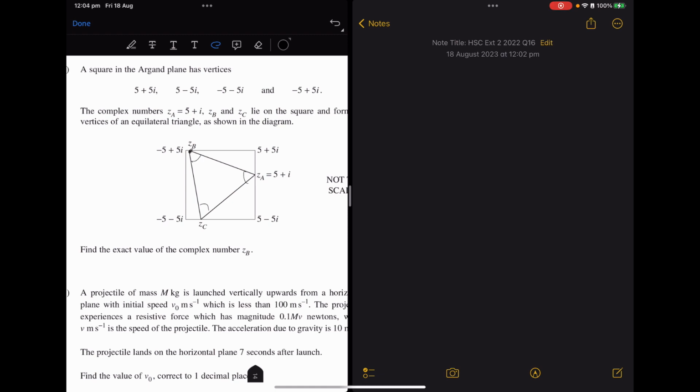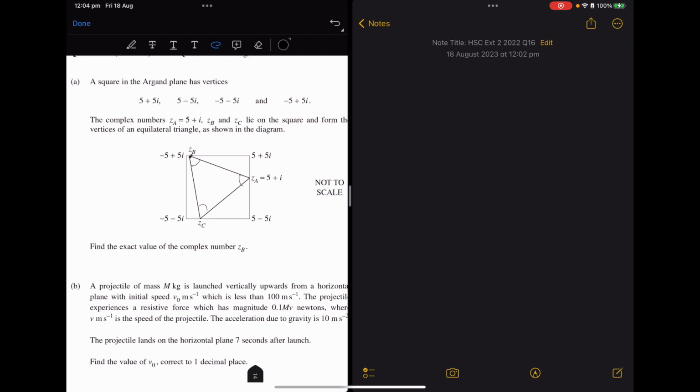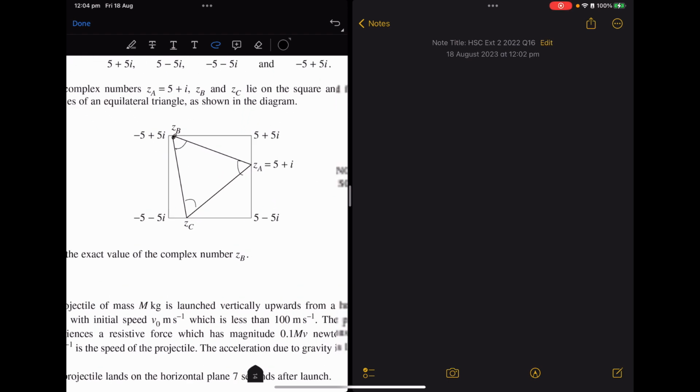One thing we can take a look at first is that we know at least the imaginary components of our complex numbers, because as you can see, they lie on the square.